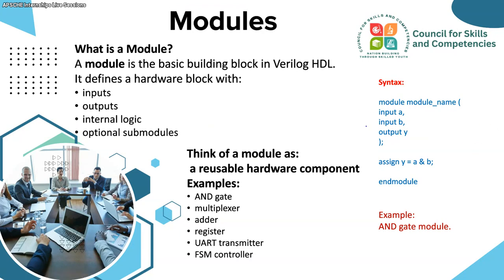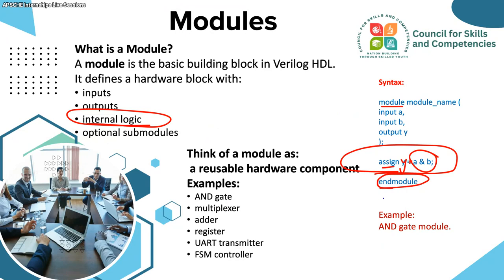Next we want to connect, and what is the logic? That is the internal logic. It is simple: we assign the output y equal to the AND of the inputs. And whenever the module is started, we have to give endmodule.